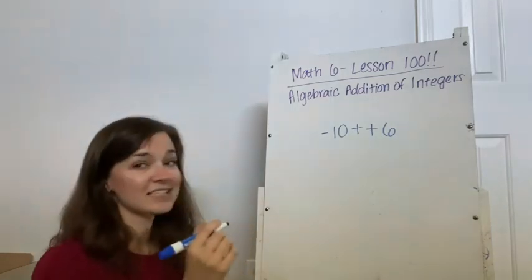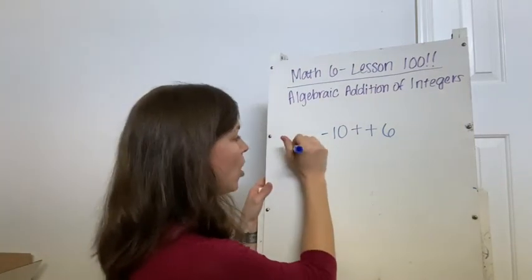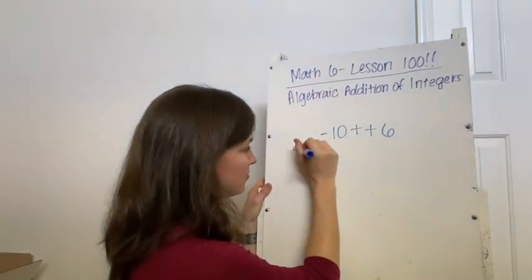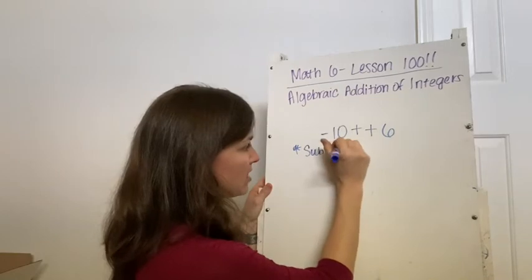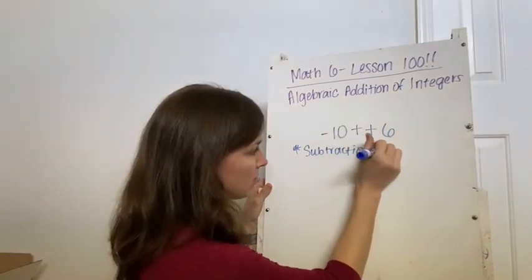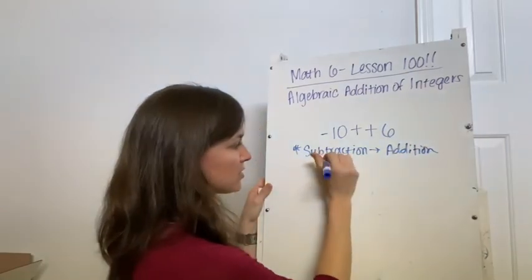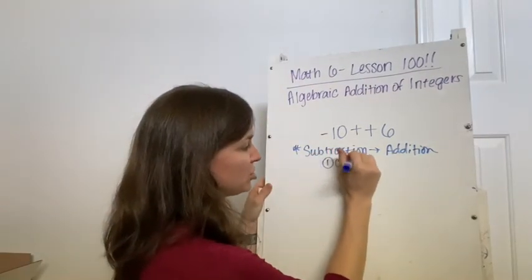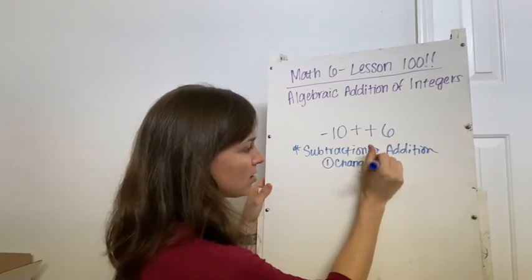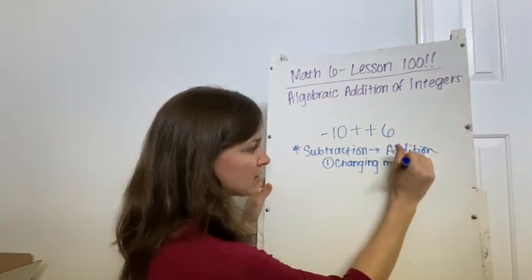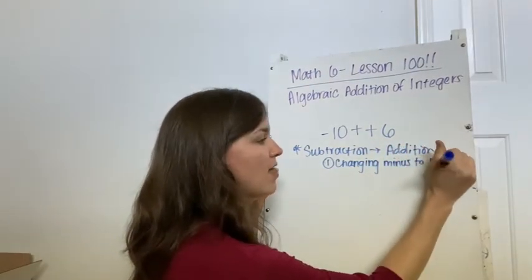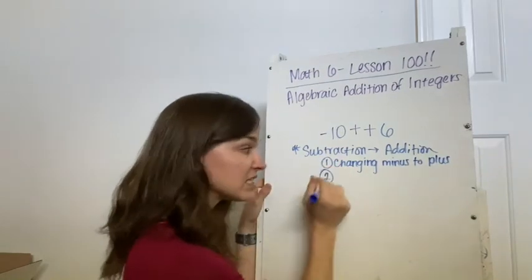So let's summarize what we just did real quick. A subtraction problem can become an addition problem by two things. Number one, changing the minus to a plus, and then also changing the sign of the second number. Both of these things have to happen together, okay?